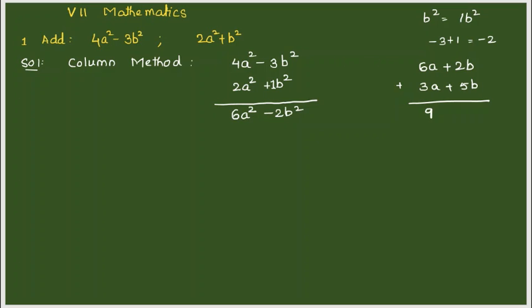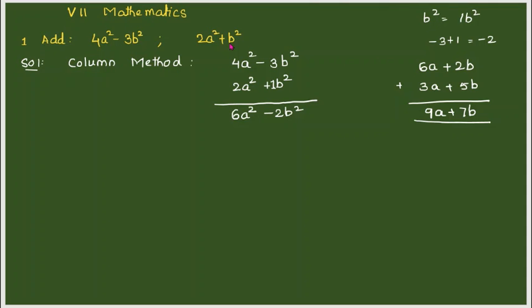Total it will be 9 apples. That means 9a we write. Plus here 2 bananas plus 5 bananas. So we don't write only 7, we write 7 bananas also, that is 7b. That means when you add the like terms, you must add the coefficients as well as the variable also you need to write.